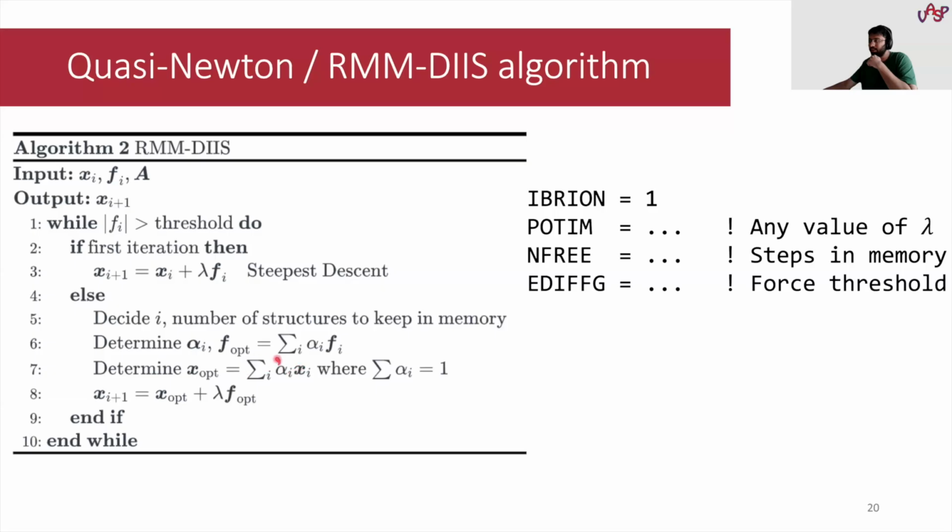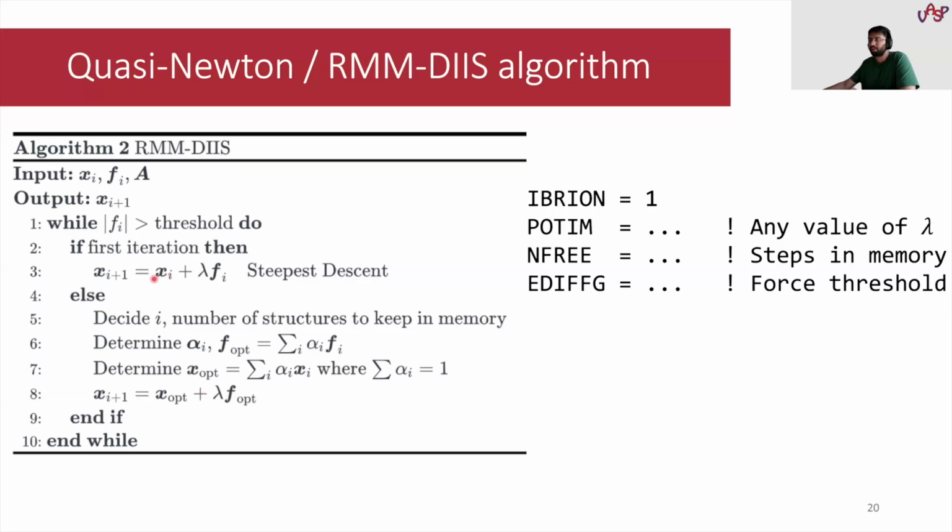So something that looks like this is the same expression, just with replacing force and position, under the constraint that the sum over alphas is 1. So both of these are performed with the sum over alphas being 1, and this is basically just used as an expression. And finally, your next positions are given by a sum over the optimal position and the optimal force with this lambda constraint.